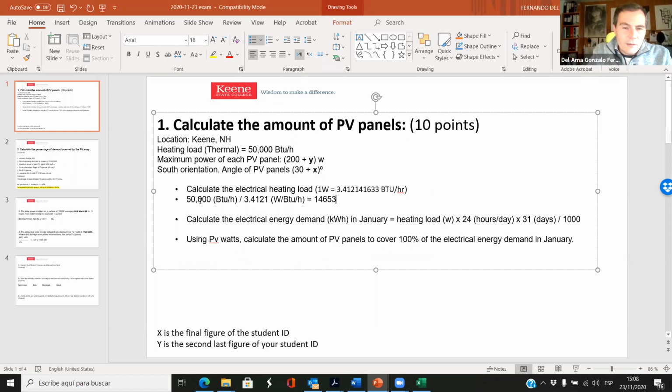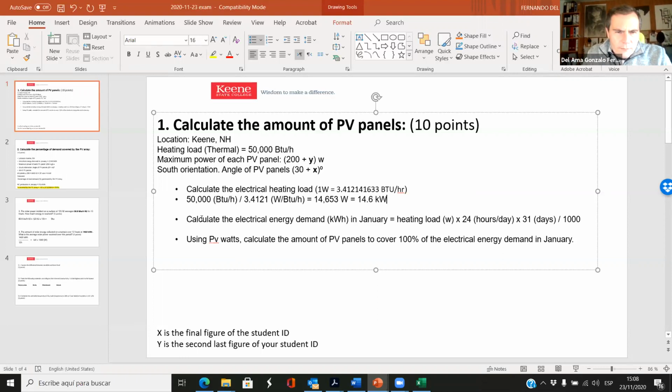Okay, this is 14,653 watts. Now we have to turn this into kilowatts. So it would be 14.6 kilowatts.